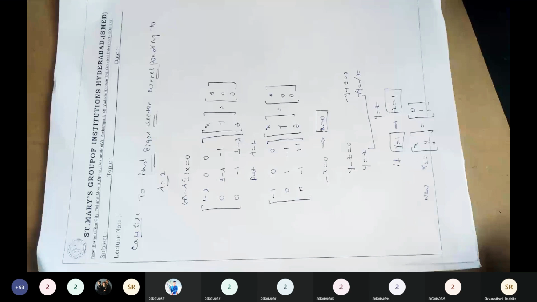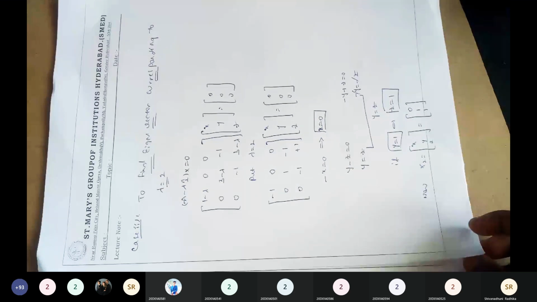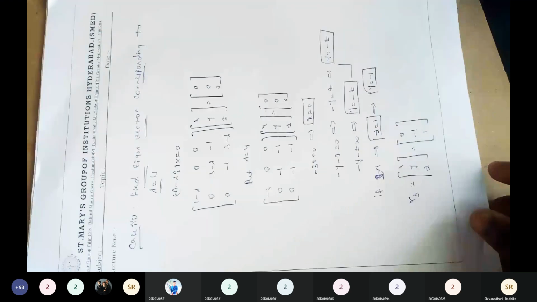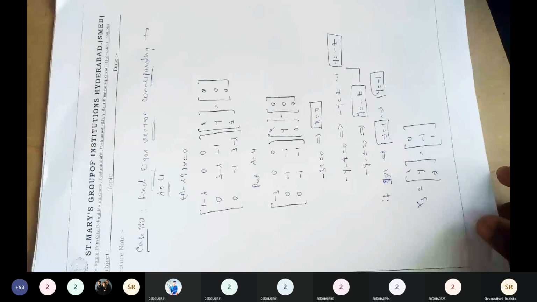Okay, completed, ma'am. Next page. Completed, ma'am. 3 cases completed.